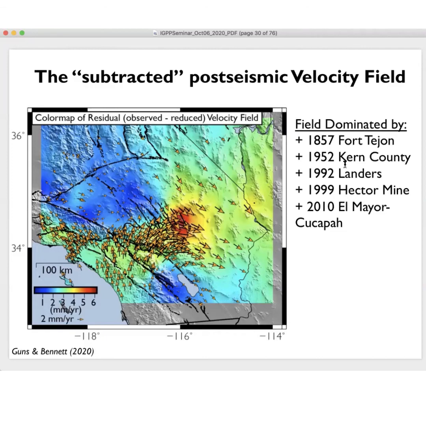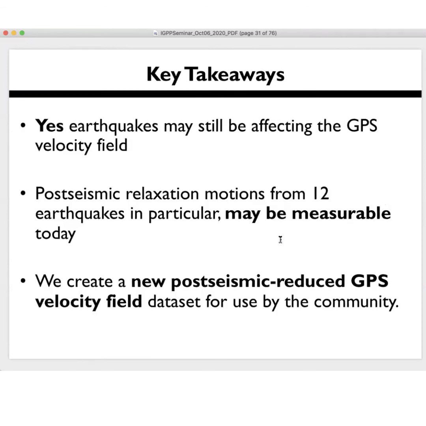But what surprised me more was that the 1952 Kern County and the 1857 Fort Tejon events still seem to have an effect on the shape of this post-seismic deformation field. It points to the fact that these past earthquakes can still be having an effect on what's going on today.